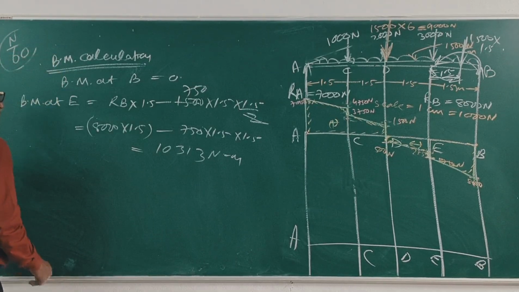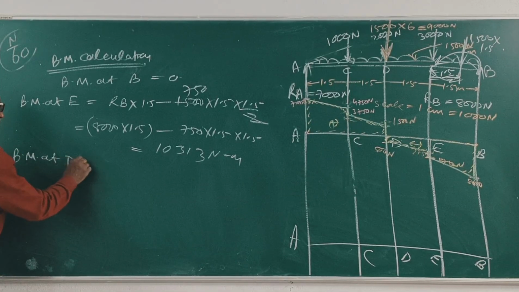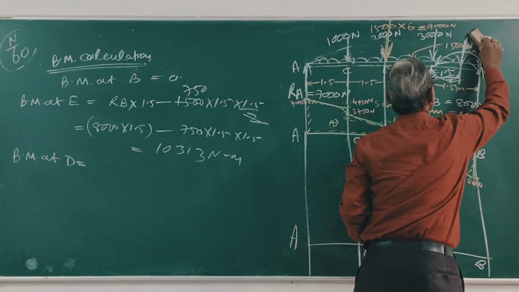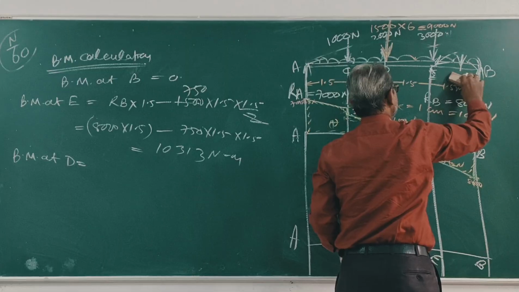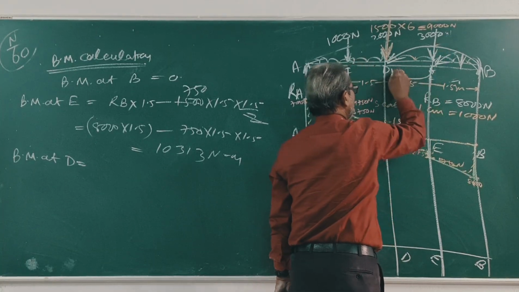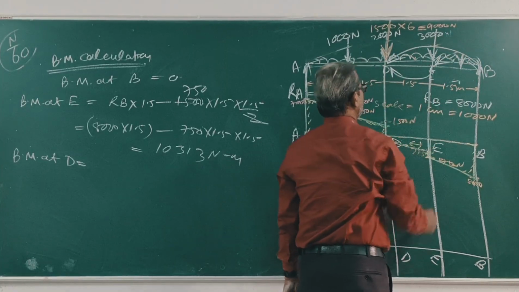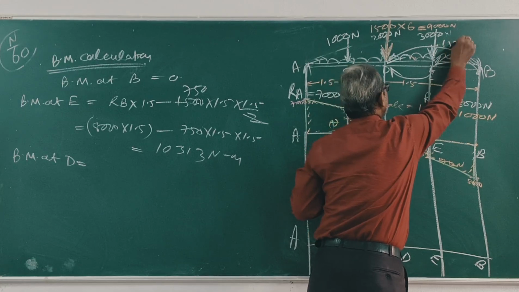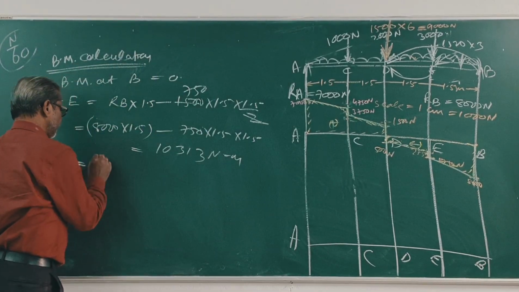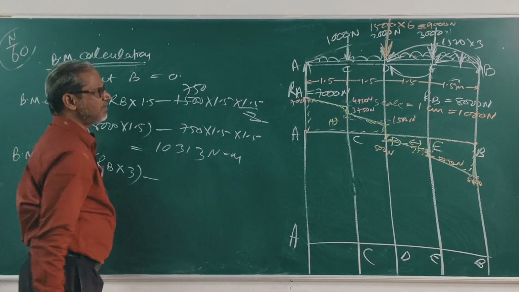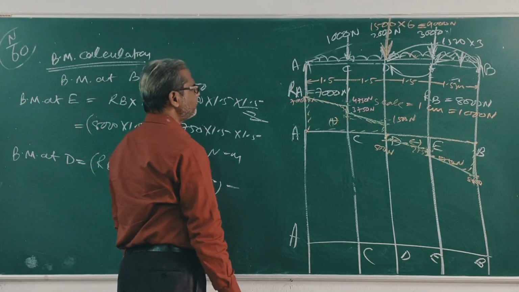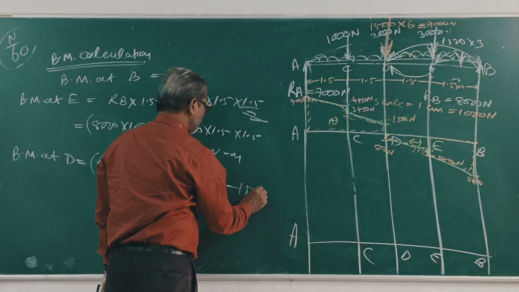Then count point D. Bending moment at D: RB into 3 minus 3000 into 1.5 minus 1500 into 3 into 3 by 2.